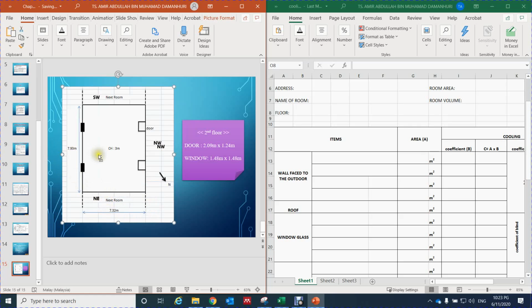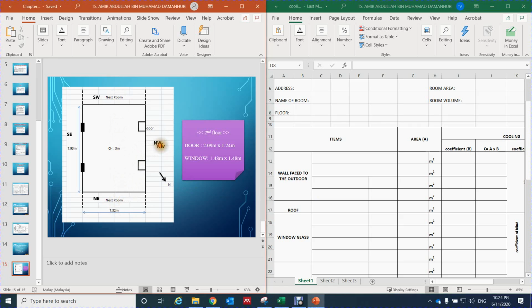And here one more: this is south, this is east, so this will be the southeast. Now, which one is facing the outdoor? Since this is the second floor of a three-story building, there is a next room on the other sides, so those will be partitions.